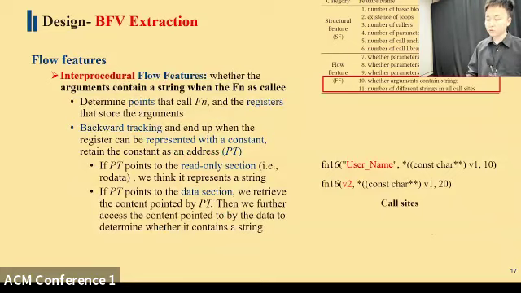For inter-procedural flow features, we analyze the function calls and backtrack through the memory structure to find the origins of the arguments. If the data can be represented by a constant, we treat it as an address. Then, if the address is in the read-only section, it is treated as a string.